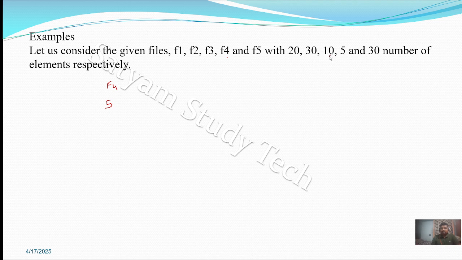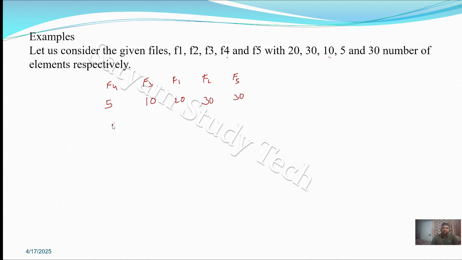Next one is 10, that is F3, and next shortest size of the file is 20, that is F1. Next size is 30, and for 30 you can write in any order. So that is F2, 30, and F5, 30.